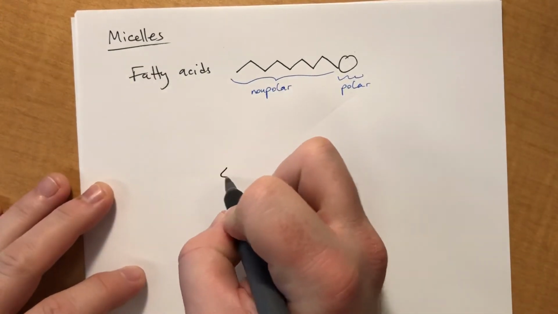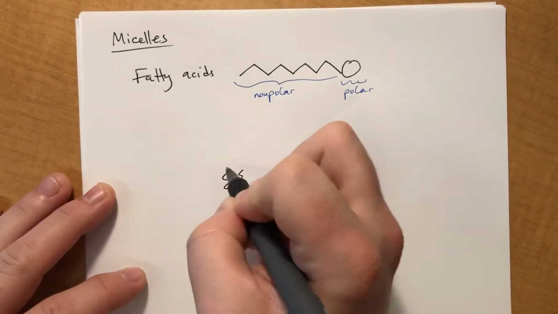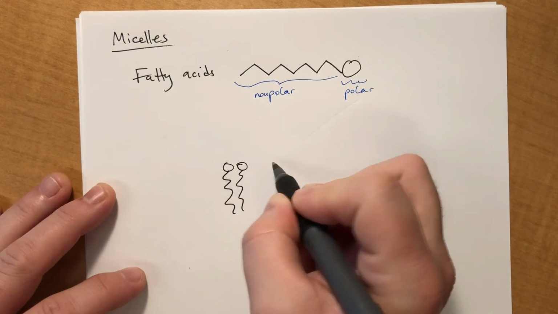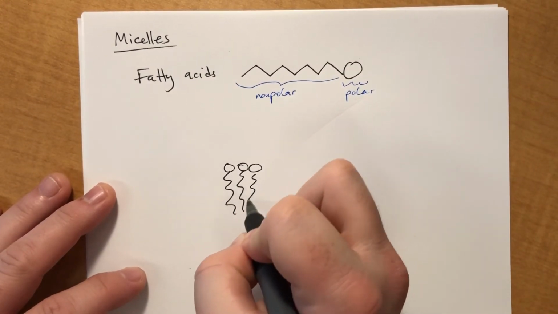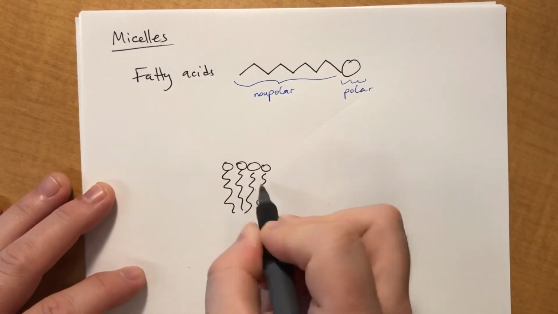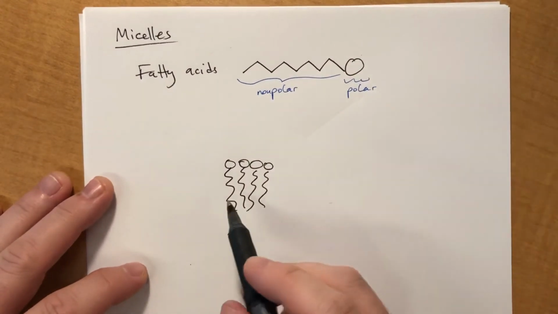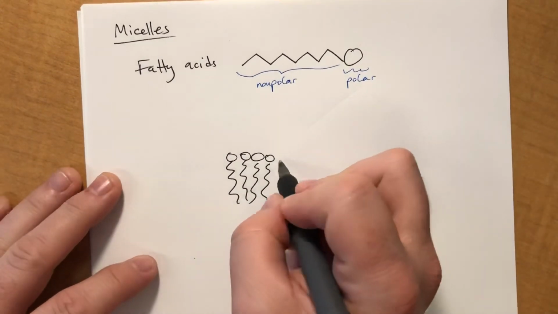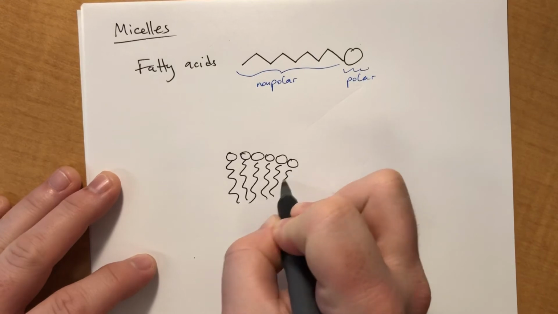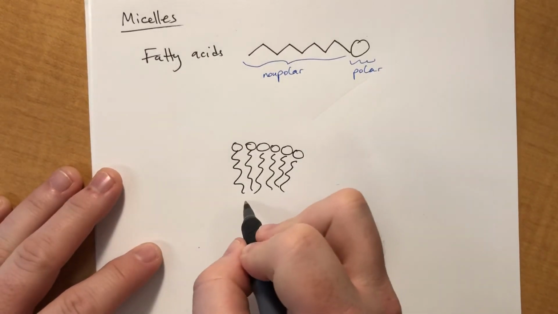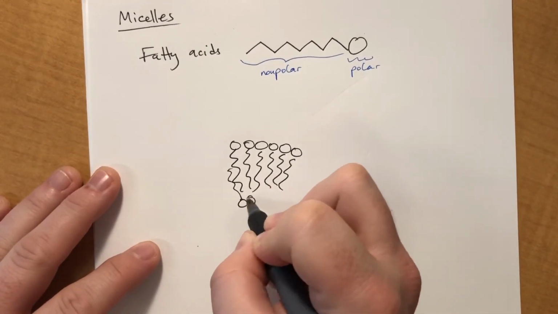So if you have a bunch of these laying around, I'm going to just draw them as zigzags. The ends of these things are all going to end up together. And the tails kind of work like this. And then on the other side, you can also have more of these.